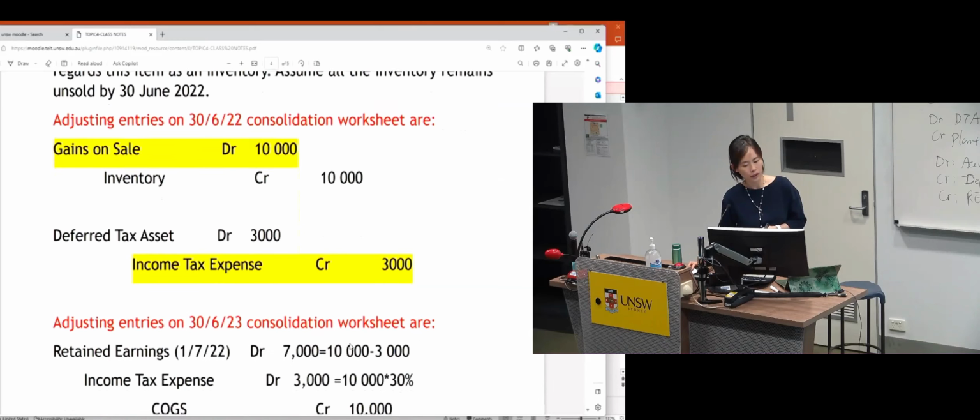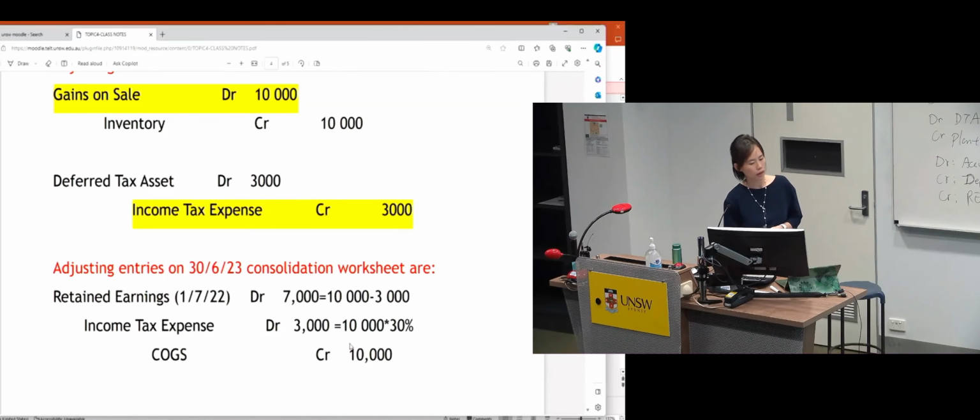You can see our worksheet entries on 30 June 23 showing the inventory was sold to the outside party, and the adjustment made to the cost of sale. The unrealized profit contained in opening retained earnings is now realized in the current year when the inventory is sold to the external party. Up to here, that is the end of the story. No more entries in the future period.